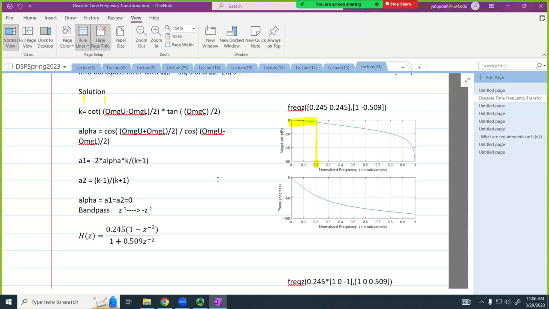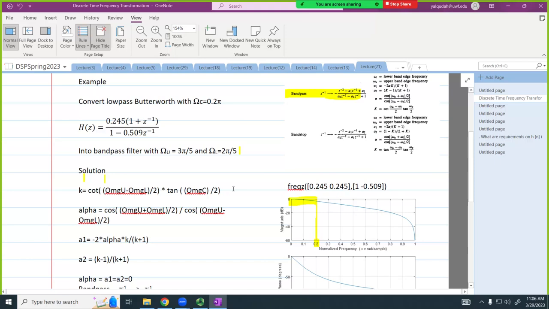And when we calculate the conversion, it so happens that using this formula, all the A's happen to be 0. So we're just going to end up with replacing z to the negative 1 with z to the negative 2. Does that make sense? For this particular example.